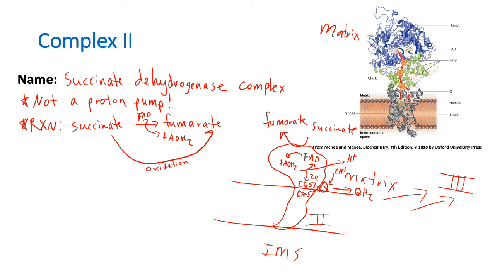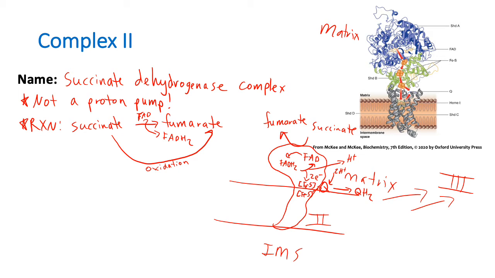Okay, so this one acts a lot like the NADH dehydrogenase. You have a molecule that binds to it, and so NADH in the first one, FAD on this one, and FAD gets converted to FADH2, which then donates its electrons, just like the electrons from NADH are donated to the NADH dehydrogenase. Those electrons get passed through iron sulfur clusters. This one, however, does not pump protons.